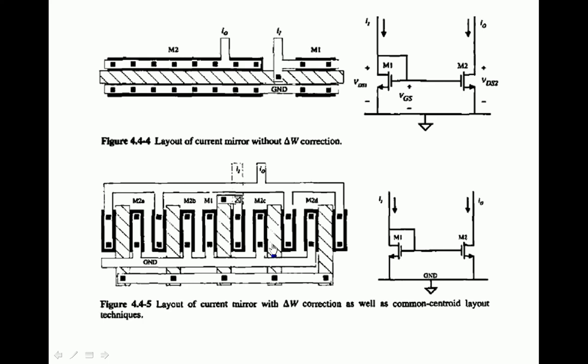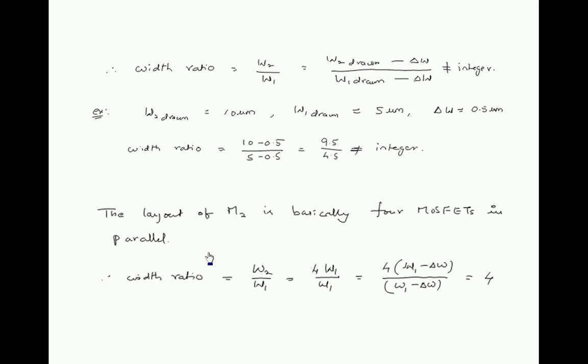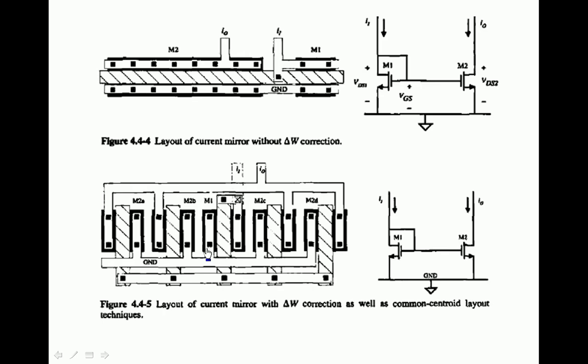Here, if you observe, this is the M1 transistor, with M1 source and M1 drain, and this polysilicon acts as the gate. So gate and drain are shorted together. This is the contact which shorts gate and drain for M1.